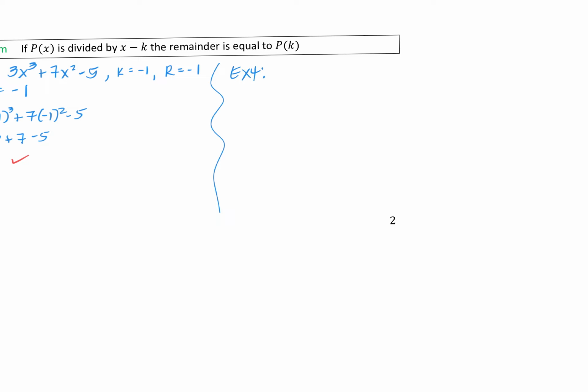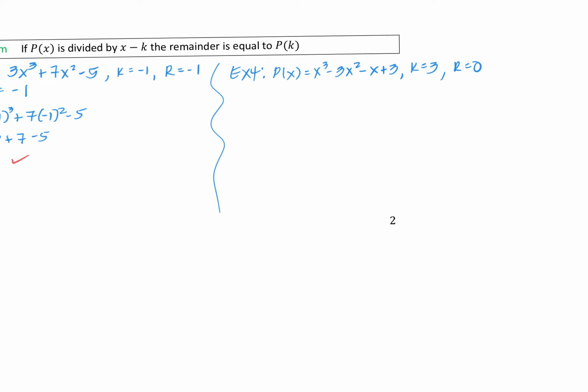Just to double check, in example 4, our last example, we had our polynomial p of x equal to x to the third minus 3x squared minus x plus 3. In this case, we were dividing by x minus 3, so k is the opposite, a positive 3. And remember, our remainder in this case was 0.